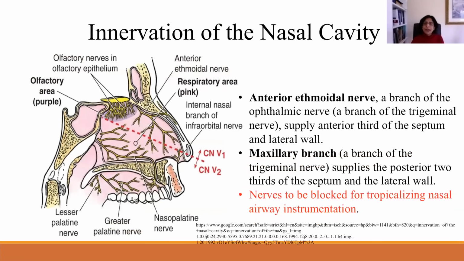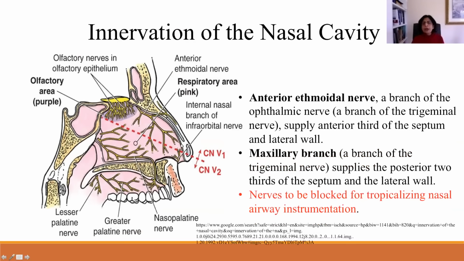Now, innervation of the nose is what is shown. These are the branches of cranial nerve 5, trigeminal. The trigeminal cranial nerve has both sensory and motor components in it. It's called a mixed nerve for that reason.